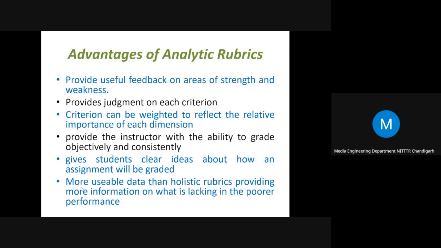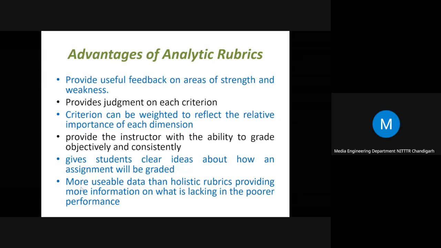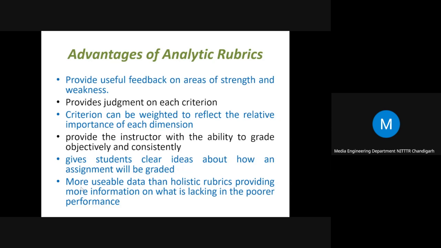When they are clear about how the student work will be graded, based on these points we can say that this provides more usable data than a holistic rubric, because it provides more detailed information and more detailed feedback, and provides other advantages like scoring objectively and consistently.